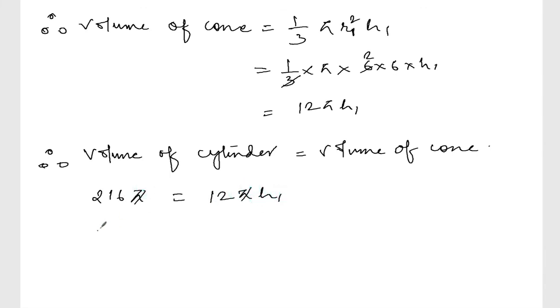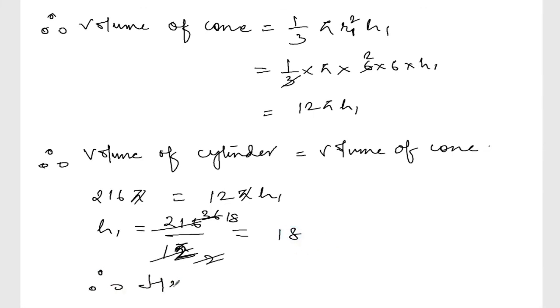Pi cancel. h1 is equal to 216 divided by 12, right? So if you divide 216 by 12, you are going to get 18, right? So therefore height of cone is equal to 18 centimeter, right? That's all, and I hope you understood this much.